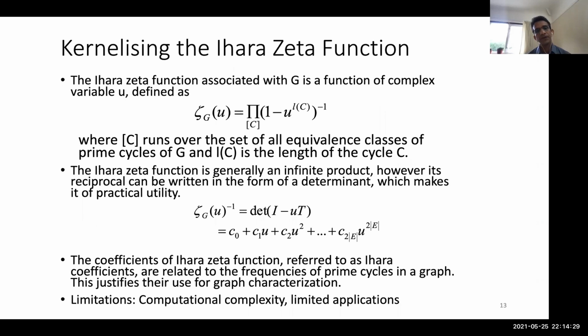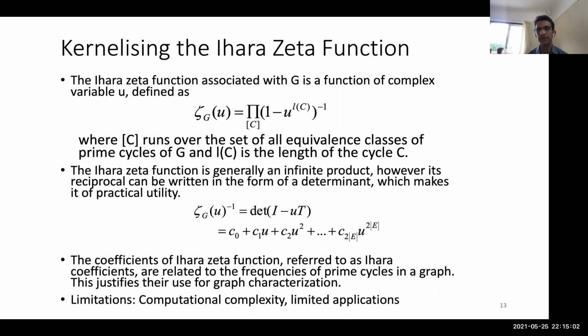Right, we have also developed graph kernels for cyclic graphs. This was done by using Ihara coefficients. The Ihara zeta function of a graph is an infinite product, which is defined over prime cycles. But its reciprocal can be written in the form of a determinant whose coefficients are related to the frequencies of prime cycles in the graphs.